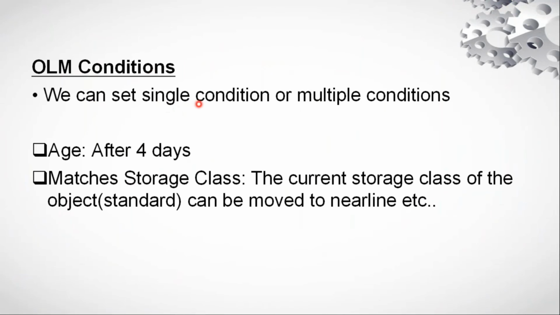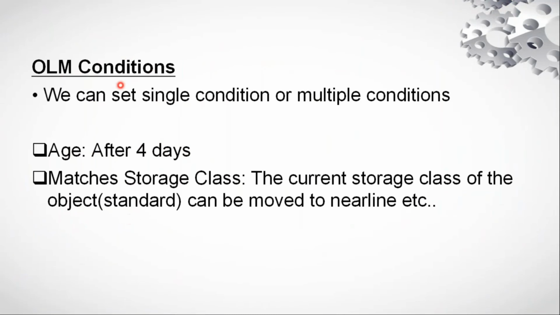And when coming to OLM conditions, we can use either a single condition or multiple conditions. Suppose I uploaded one object, and after 4 days, when my object age comes to 4 days, I can move that object to an appropriate Nearline or Coldline or Archive class, when my current object matches the Standard storage class.